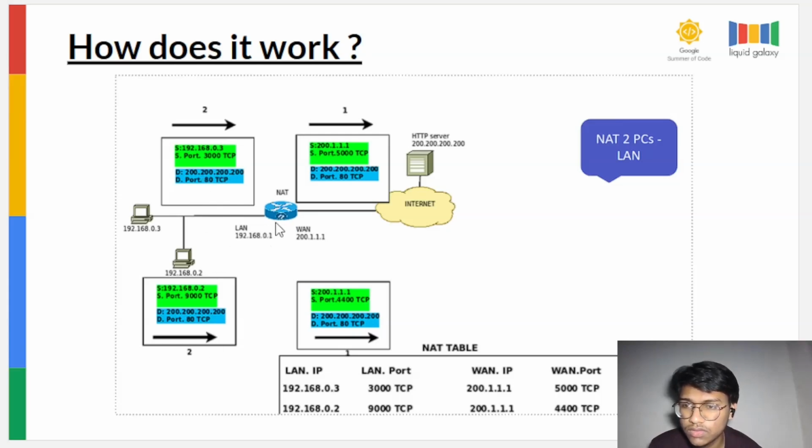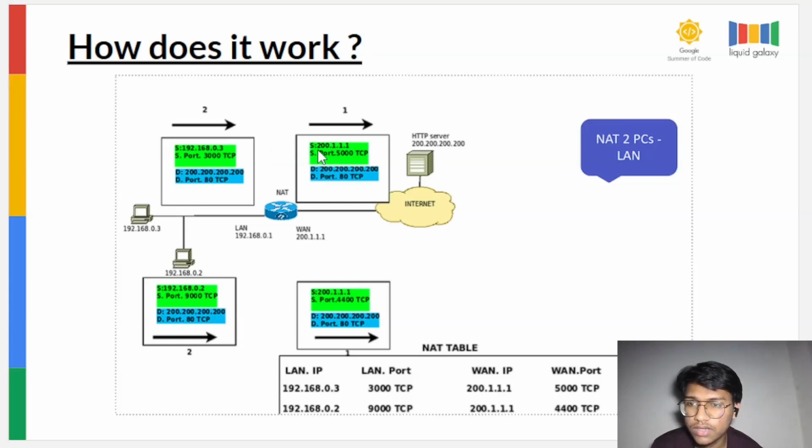Now this will convert the private address to a public address, so this address will be shown to the public internet. The router will change the sender address to 200.1.1.1, and it will use the port to differentiate between these two machines.